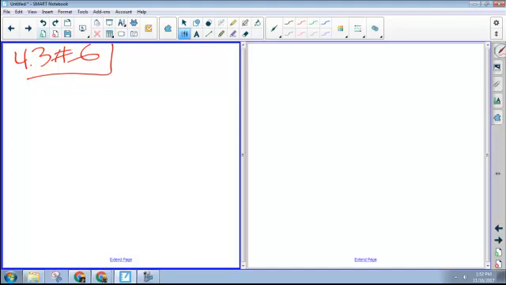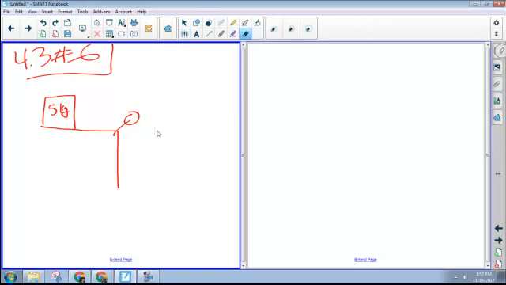So number 6, you're given a block here that has a mass of 5 kilograms, and a 1 kilogram block here, 0.25.